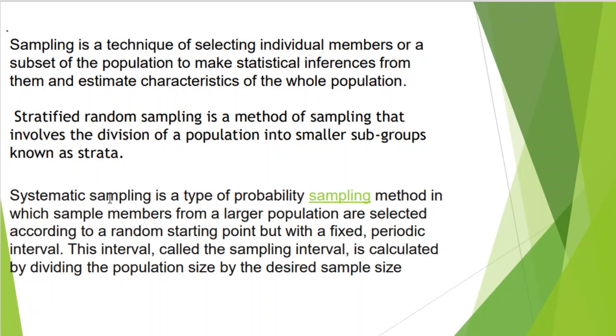This is a type of probability sampling, that is a random sampling method in which sample members from a larger population are selected according to a random starting point but with a fixed periodic interval. This interval is called the sampling interval. The sampling interval is calculated by dividing the population size by the desired sample size.